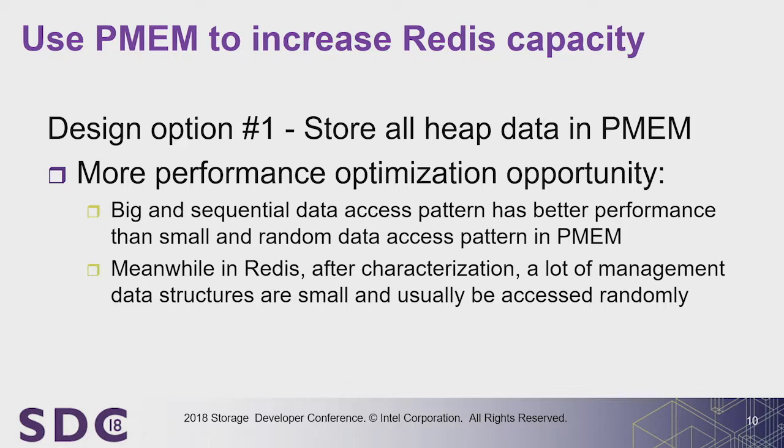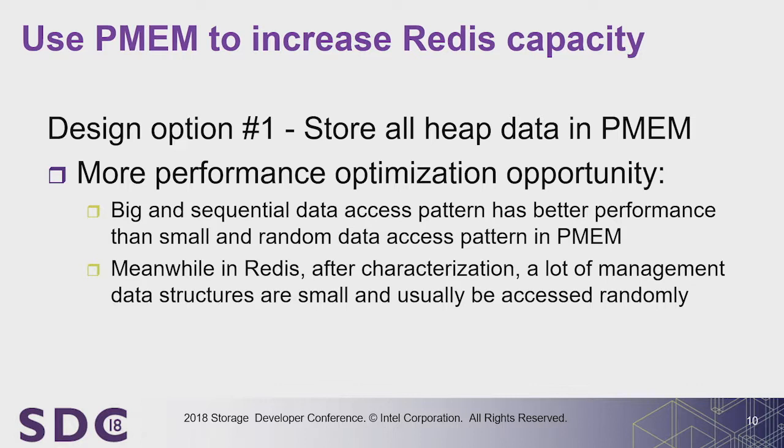So yes, with option 1, this approach of storing all heap data in PMEM, a lot of performance optimization opportunities can be found. The big and sequential data access pattern has better performance in the PMEM than a smaller and random access. Everybody should know that, right? And how to recognize this kind of opportunity and adopt it in the code modification is what we need to do.